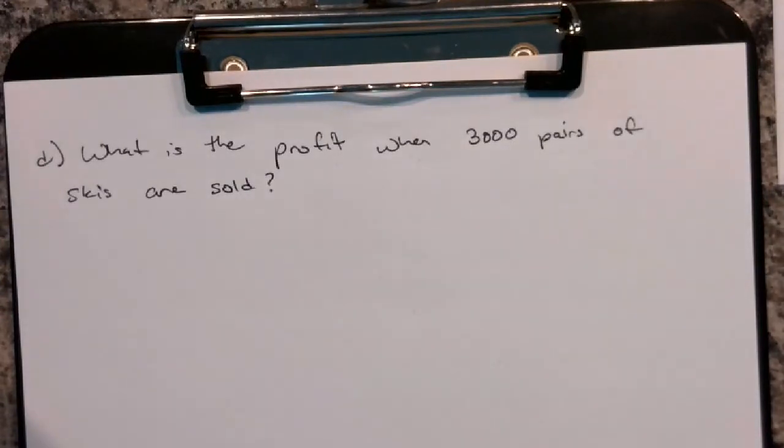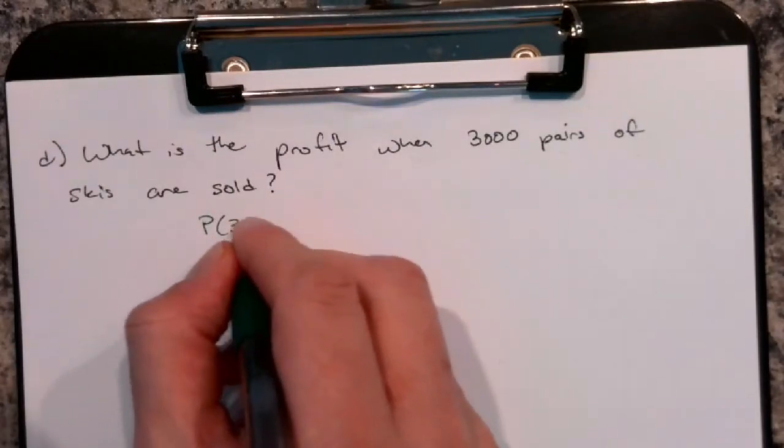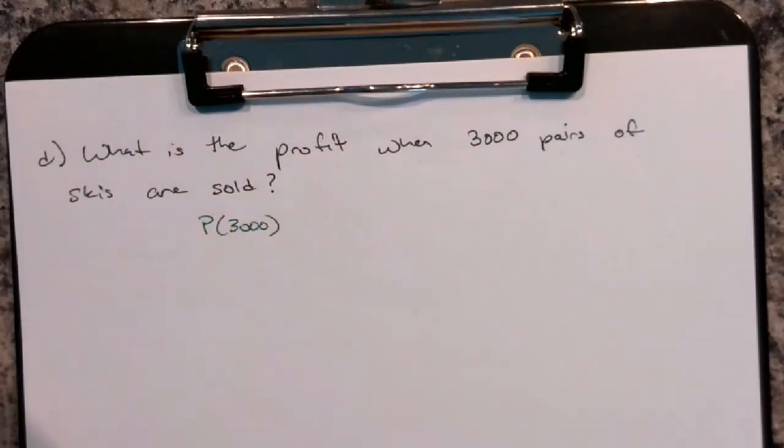So what that's really asking you to do is to use this profit formula we just found and use 3,000 for X, the number of skis. So we're really looking for P of 3,000, right? P of X.